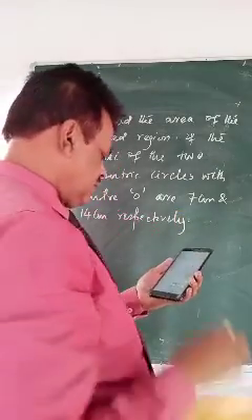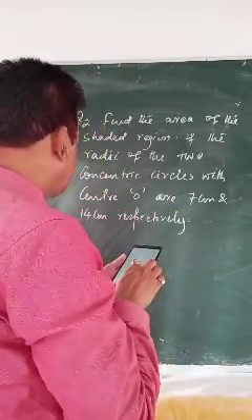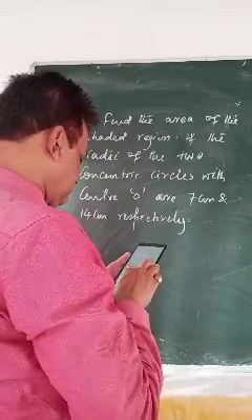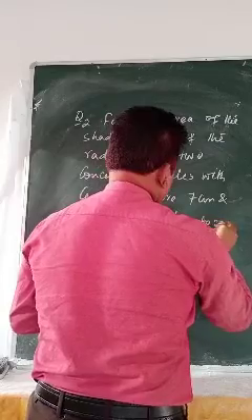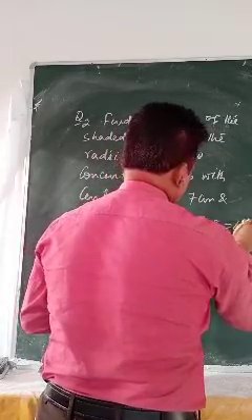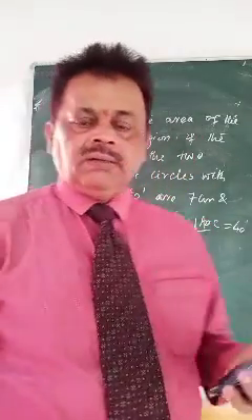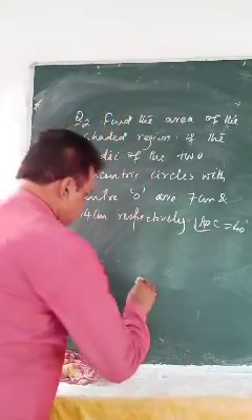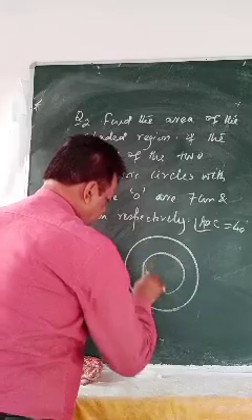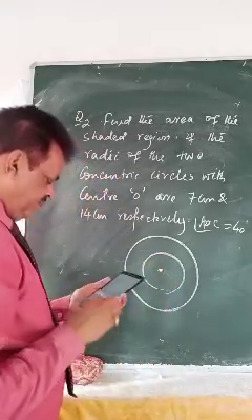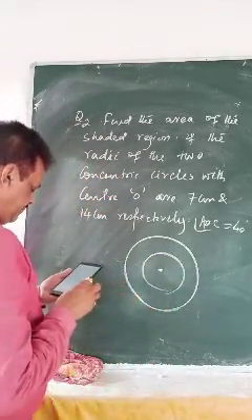AOC is 40 degrees. Look at the figure. Two concentric circles, same center. What else is given?